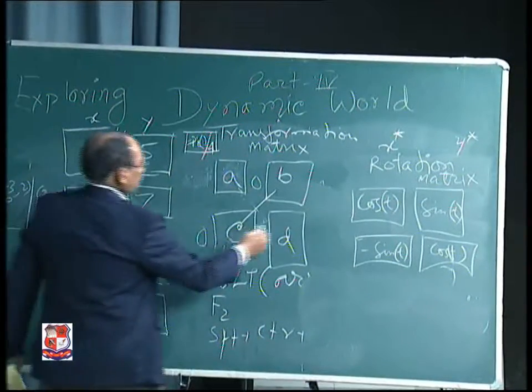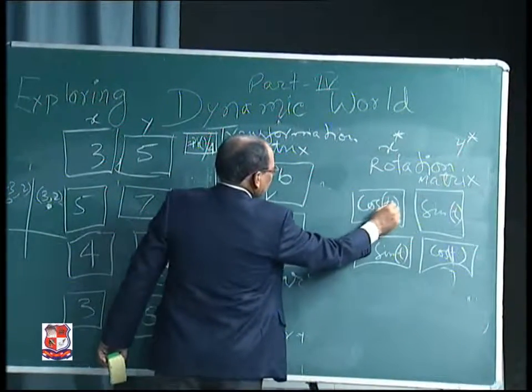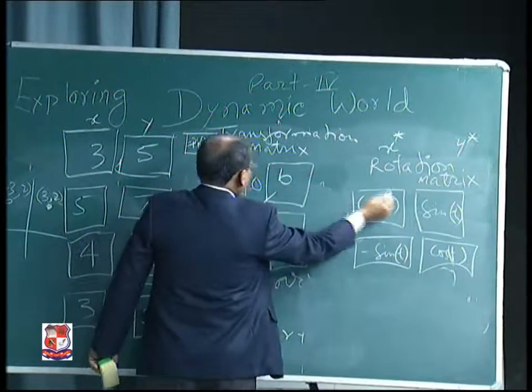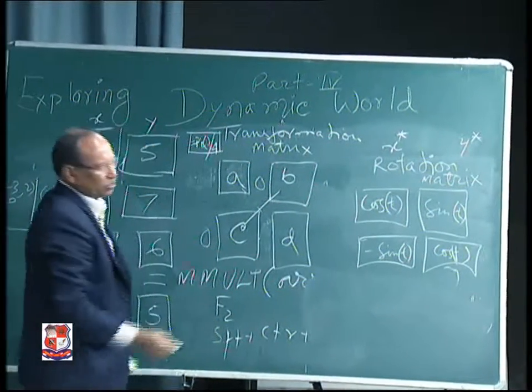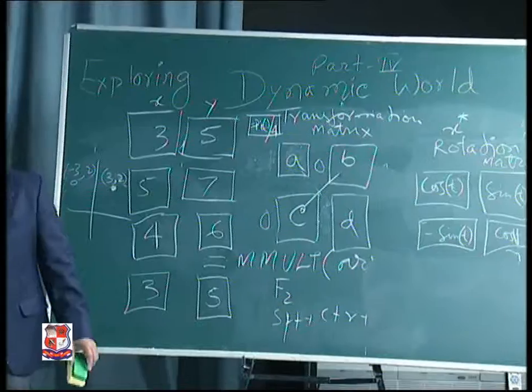So, here you put cos, and in this bracket you refer to the cell where you have put pi by 4.